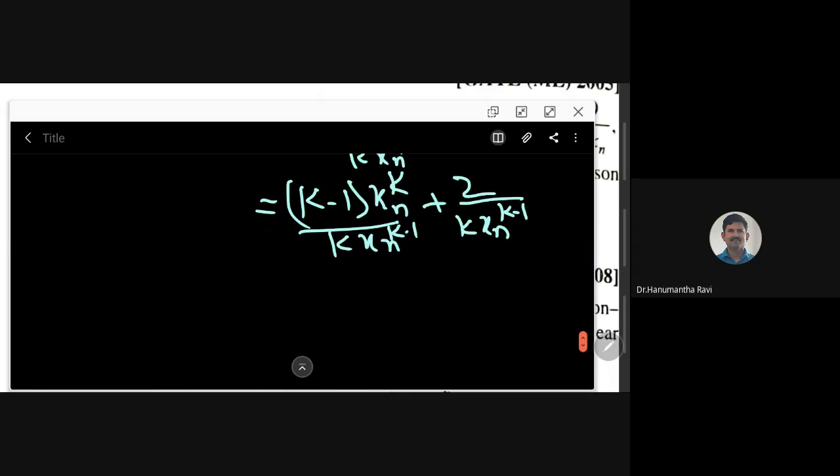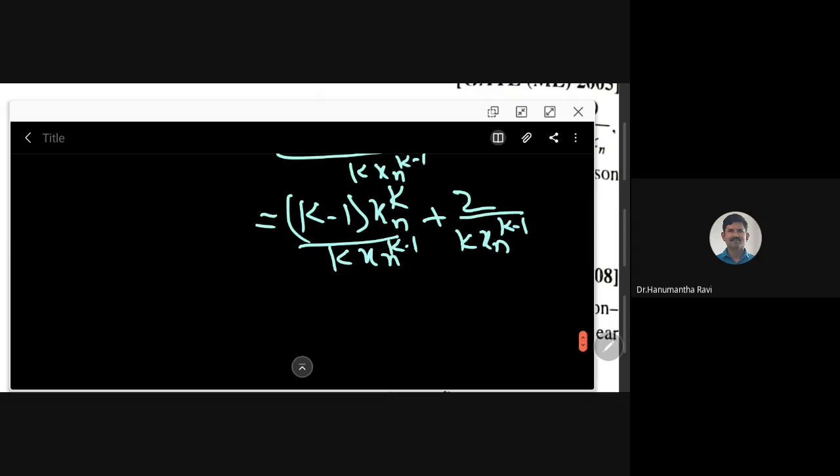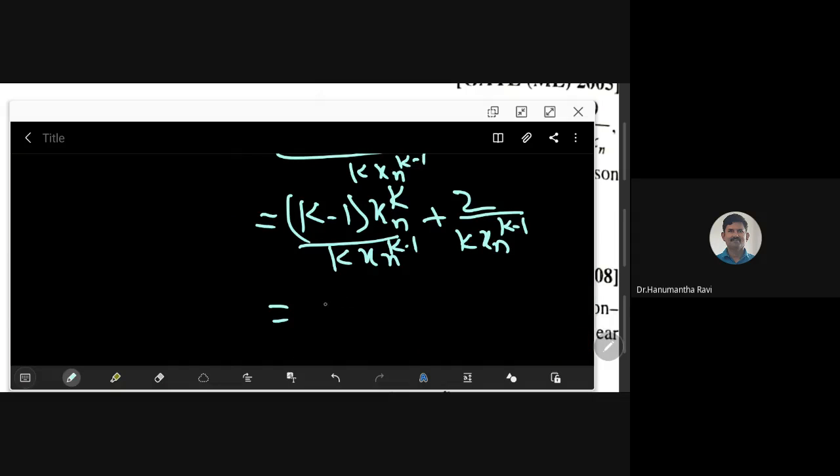So if we take, okay, this is further equal to (k minus 1) xn by k plus 2 by k xn power k minus 1.